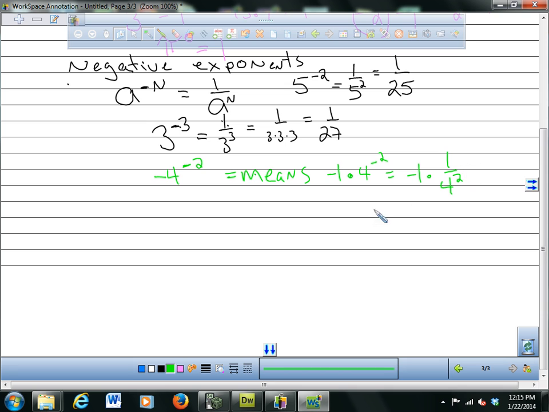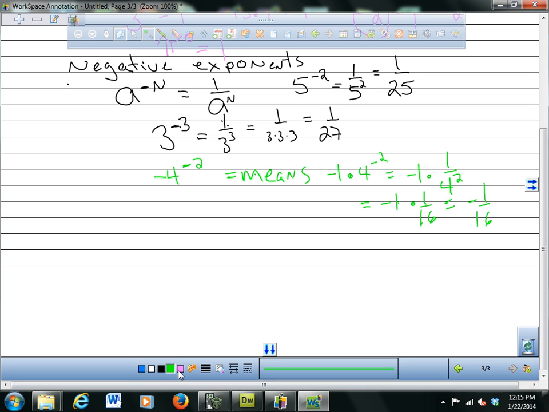And that's equal to negative 1 times 1 over 16, which is equal to negative 1/16. So you don't have to do all those steps, but I'm just trying to show you where that comes from, why it's a negative number and not a positive.